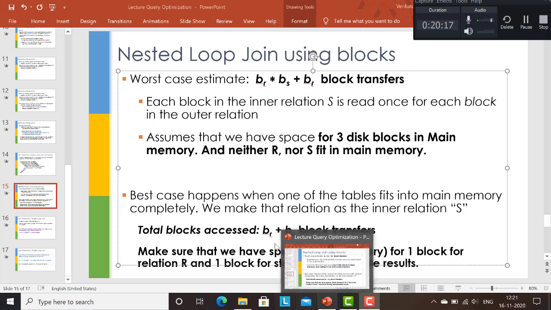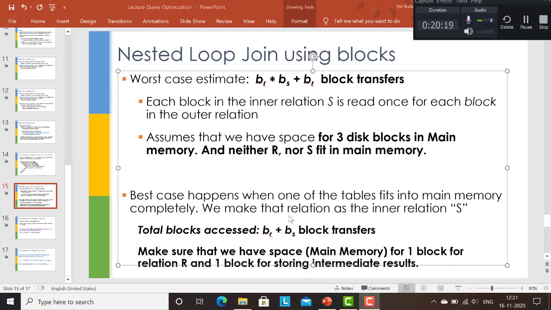When you have things like that, your total block accesses will change. Here, we are reading relation R and relation S only once. We are reading one block of R at a time, but if you look closely, the blocks of R are never read twice, and blocks of S are also never read twice, because in just one pass you bring the entire thing into the main memory, right?